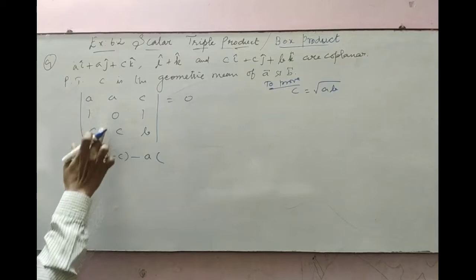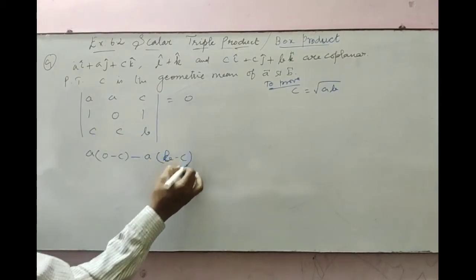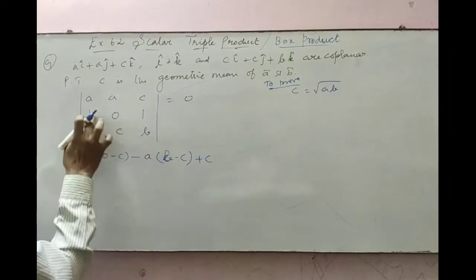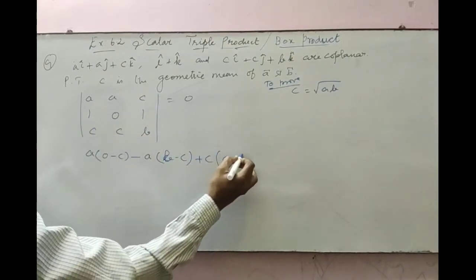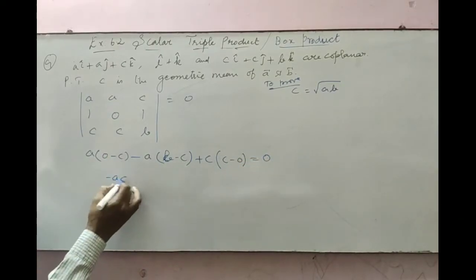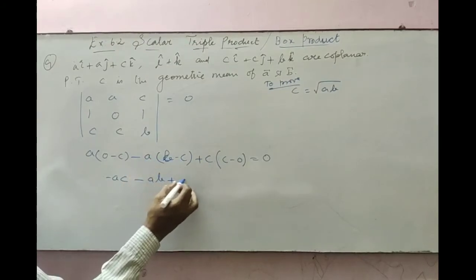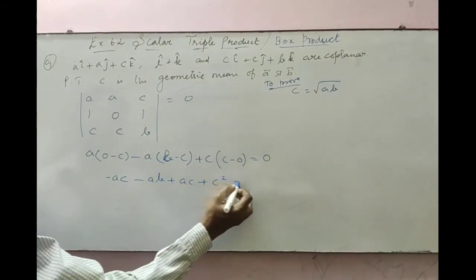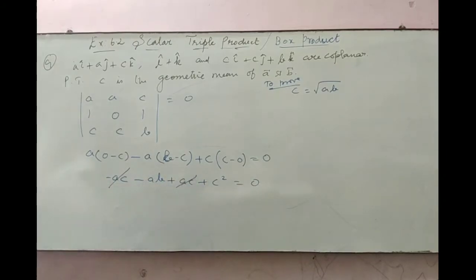Next one is minus a into b minus c, plus c into c minus 0, equal to 0. If I multiply this, I will get minus ac minus ab, minus into minus plus ac, then plus c square equal to 0. Here minus ac and plus ac gets cancelled.